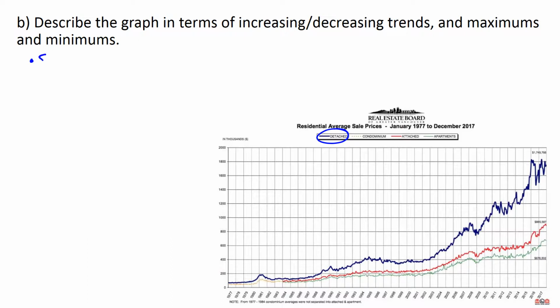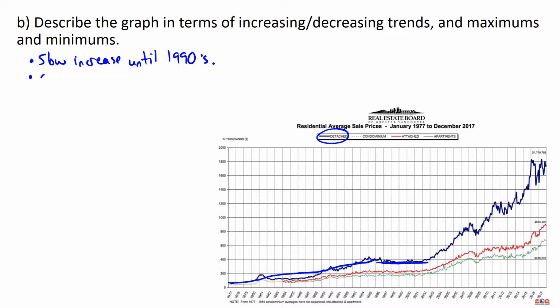To start with, there's a slow increase until the 1990s. So that's describing this part of the graph here. And then it looks like it levels off for a number of years.